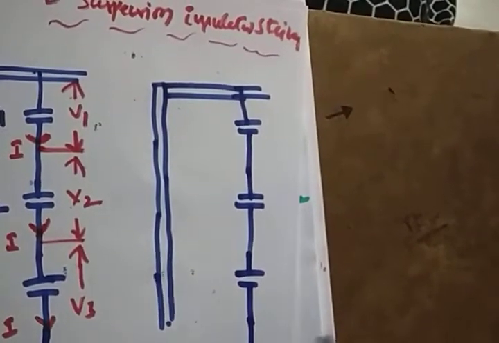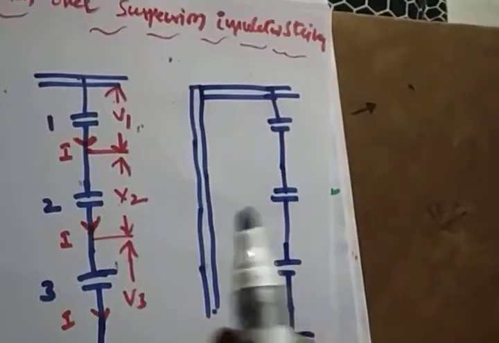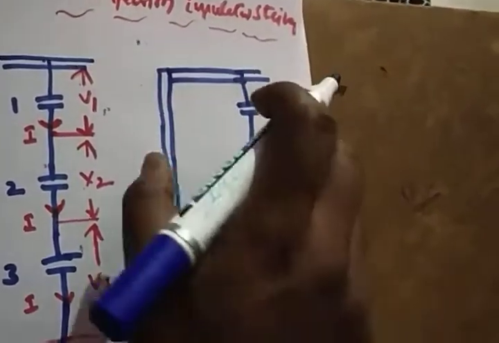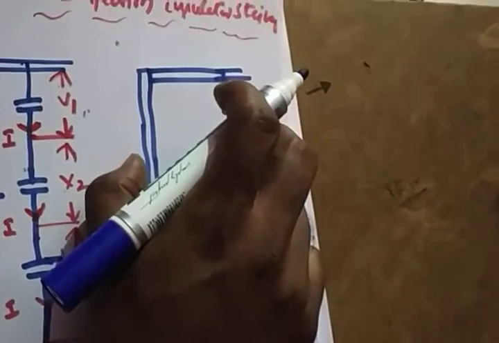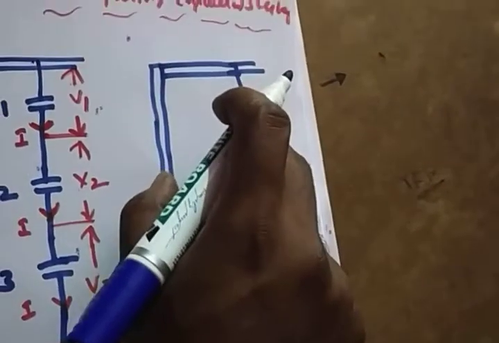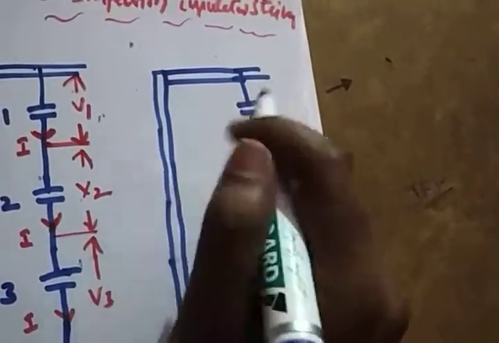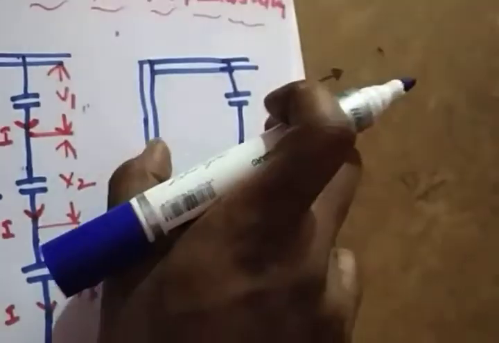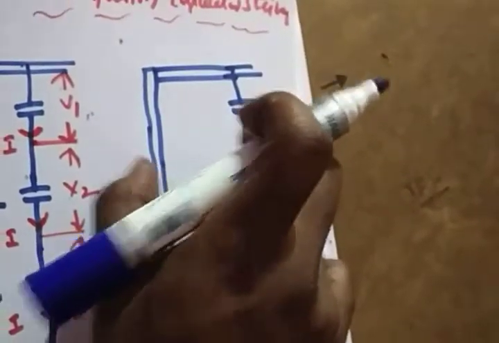And this is your conductor, right? This is a metal conductor and this is a pole. So between these two there will be a chance of capacitance. This is the current carrying conductor and this is a supporter, that means a steel supporter. So there must be a capacitance between these two.